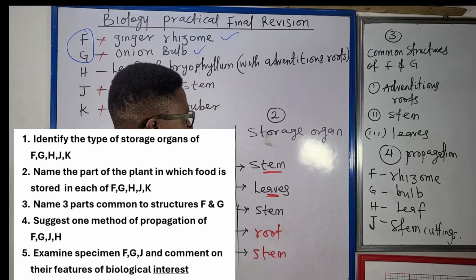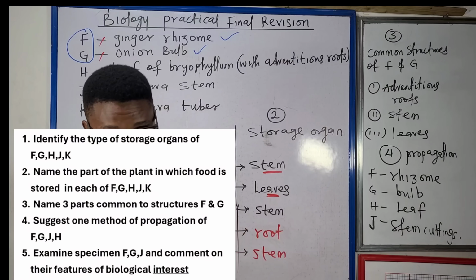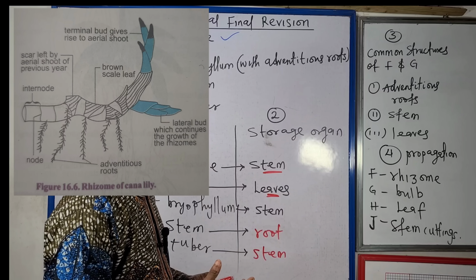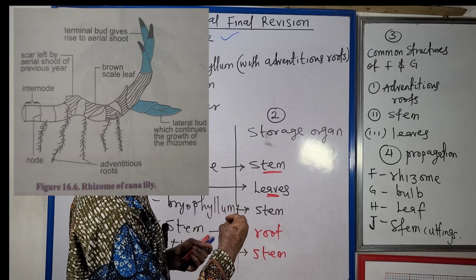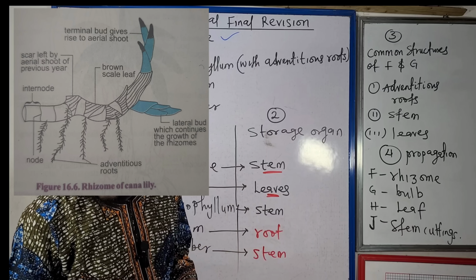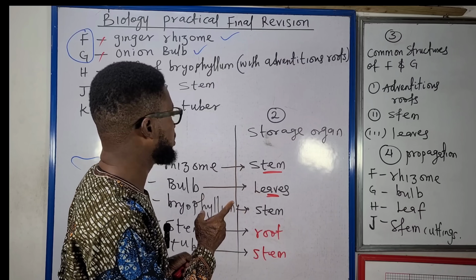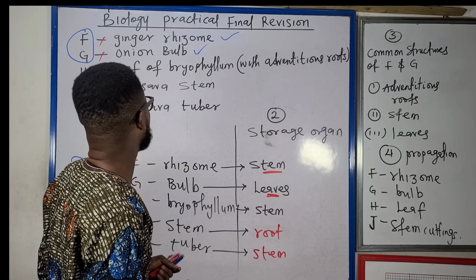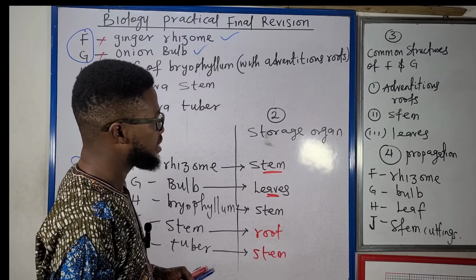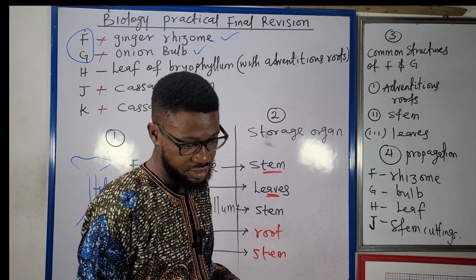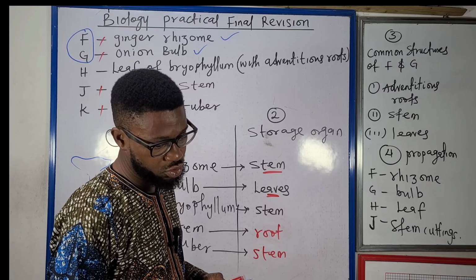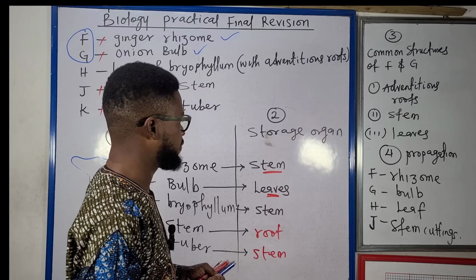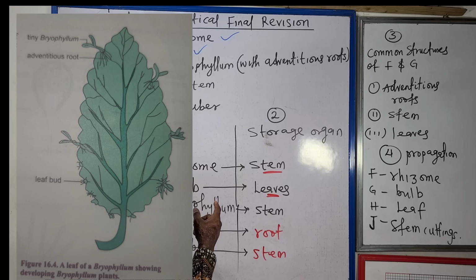Yes, for F, when it is going to propagate, when it is going to reproduce, it is going to be via the rhizome itself. When it's specimen G, it is going to be via the bulb. When it's specimen H, it is going to be via the leaf. That's talking about the bryophyllum.